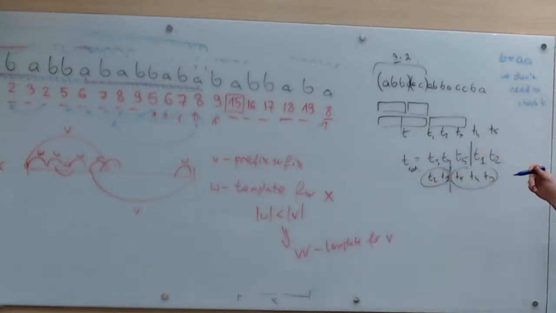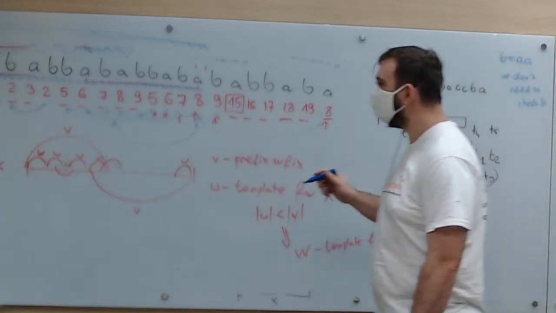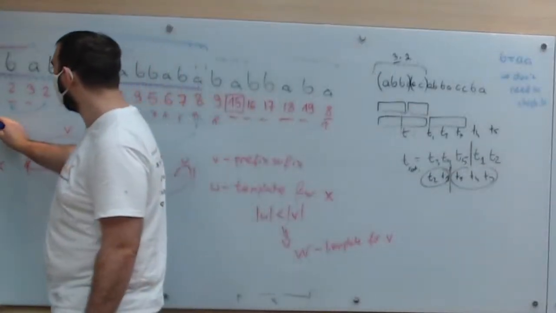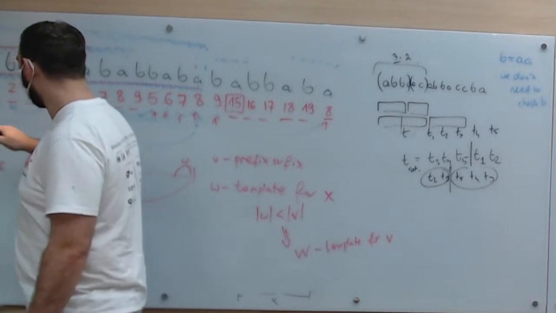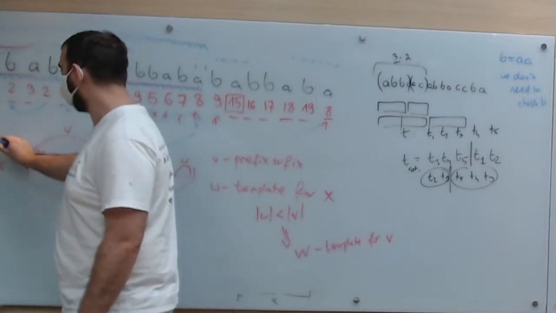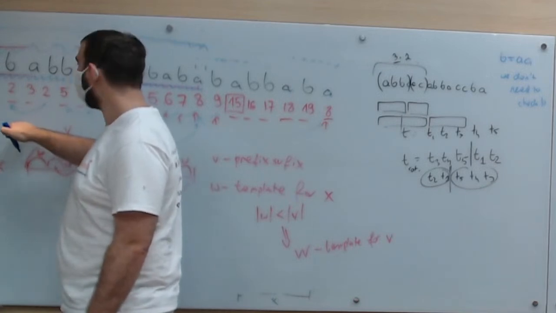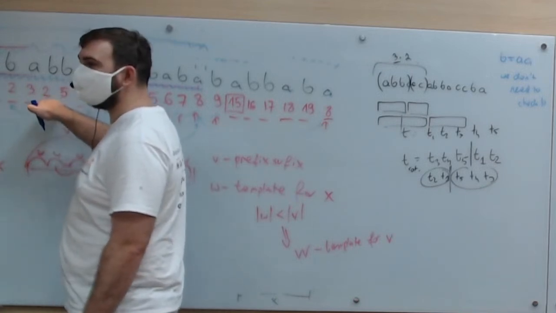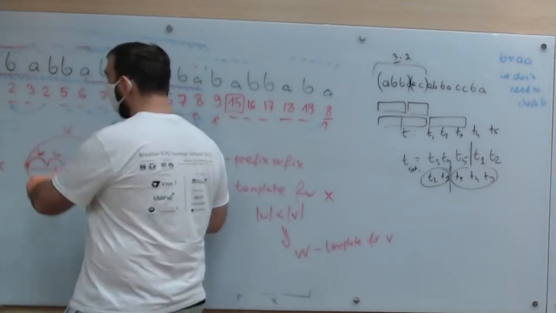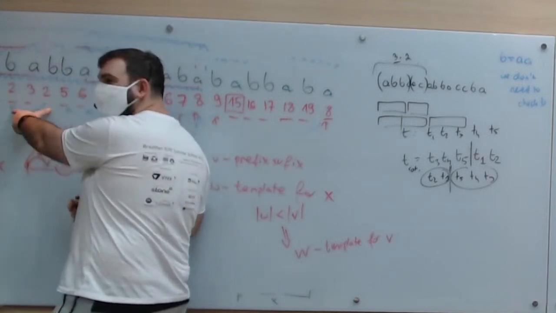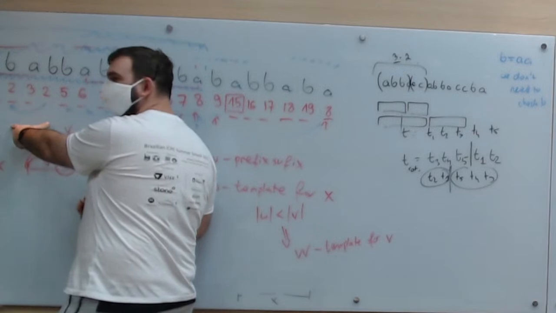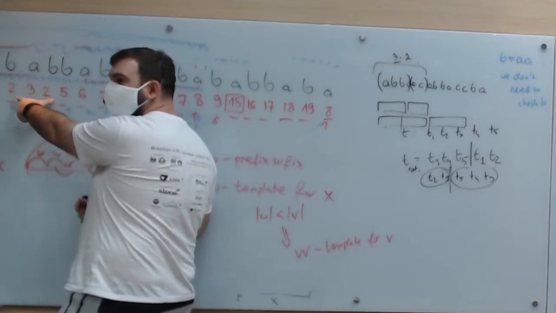So basically, okay, I want to show how I feel about it. For each template, we know how long we can cover it. At the very beginning, each template is covering just itself. A template of length 2 can cover this part. But when we notice something that maybe is right, we check if the template of this part is reaching the previous one, because we are taking the prefix suffix of it.